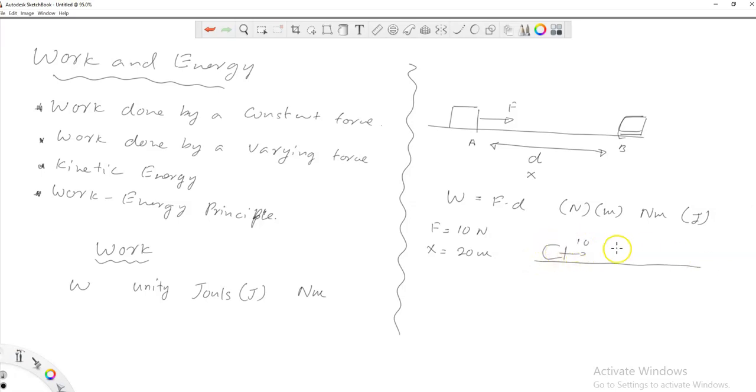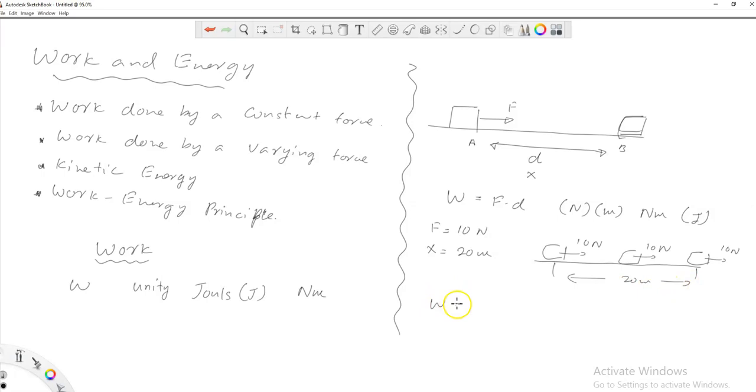You apply 10 newtons, it's moving, you continue to apply 10 newtons, still moving, applying 10 newtons. The object could be accelerating, that's fine, we don't worry about all these accelerations and all that when we are calculating work. It's only the force times distance. So as a result of this 10 Newton constant force, the object moves a distance of 20 meters.